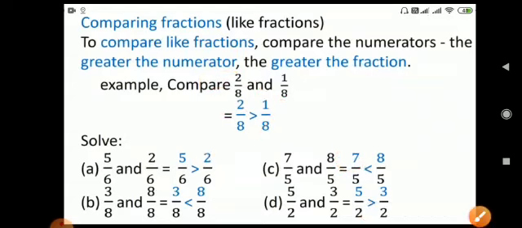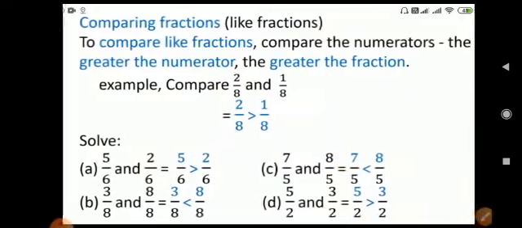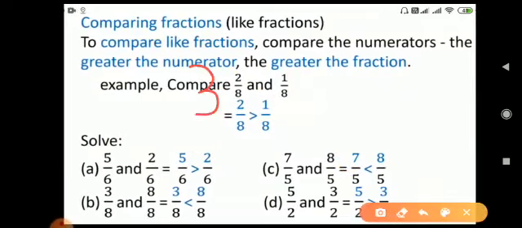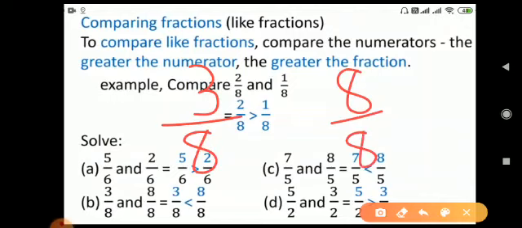Let us take one more example. 3 upon 8 and the second fraction is 8 upon 8. Now compare these two like fractions. Here you have to check the numerators. In this, 3 is less than 8. So we have to put the less than sign here. So this fraction 3 upon 8 is less than 8 upon 8, right?